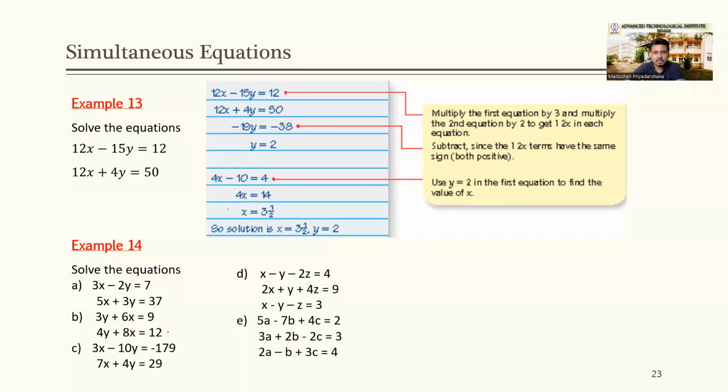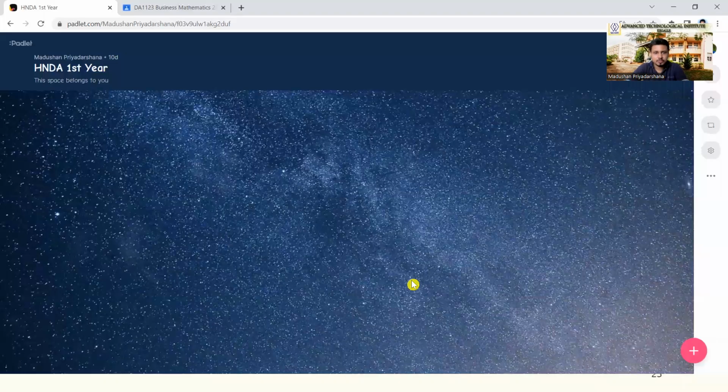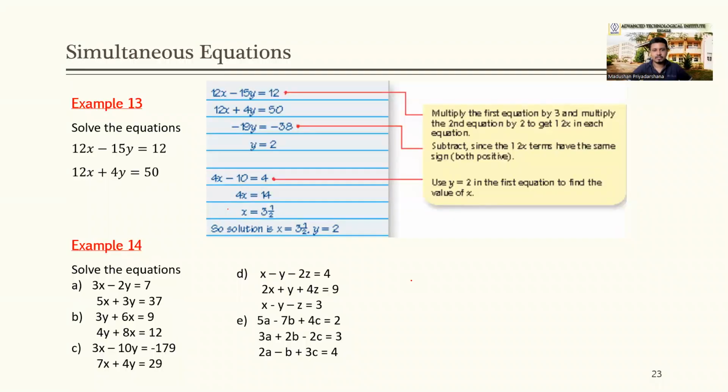Right. So Ilma got the answer for part B as x equals 0 and y equals 3. Have others also got the same? Put your answers to the chat here, the values of x and y you got for part B. X equals 0 and y equals 3.